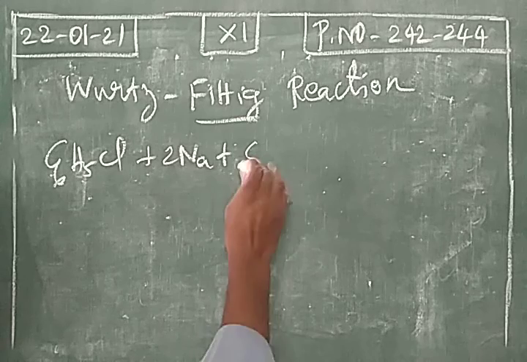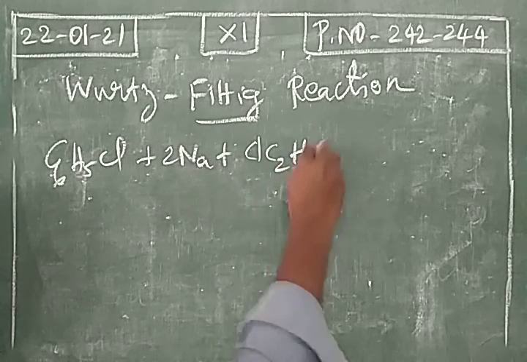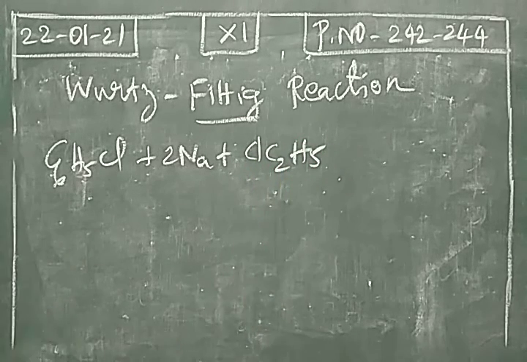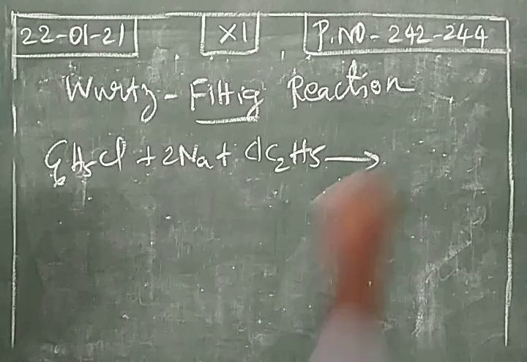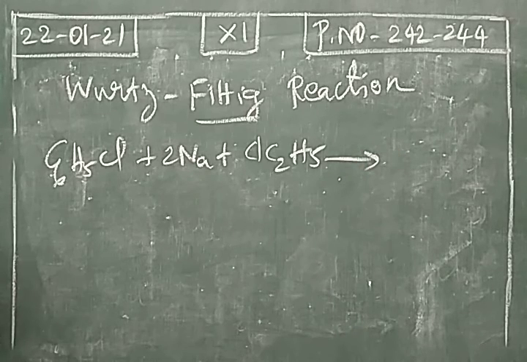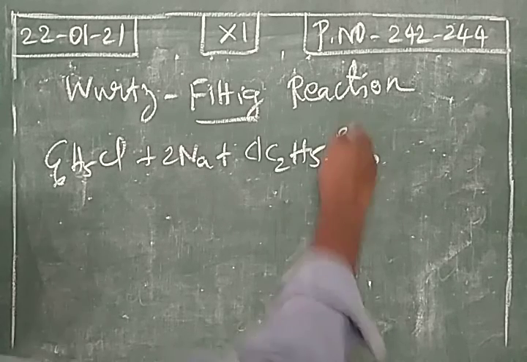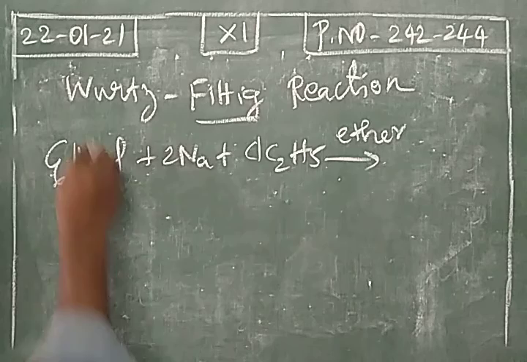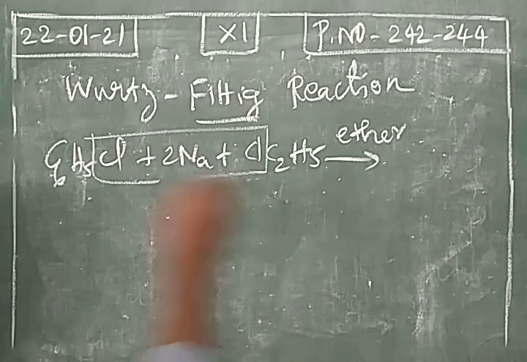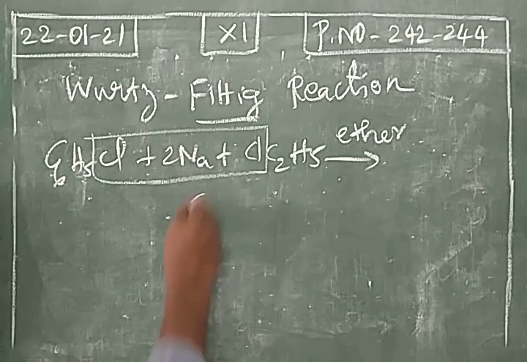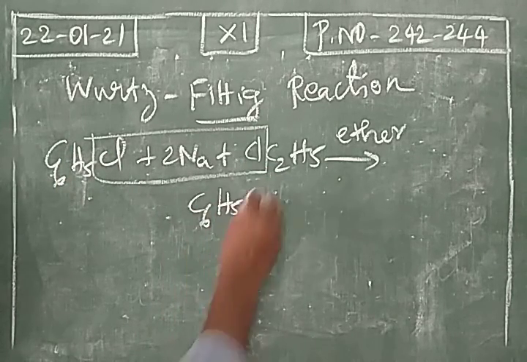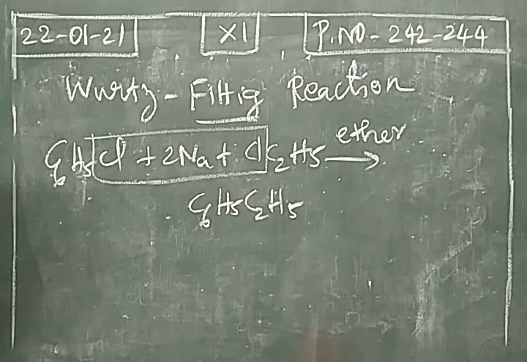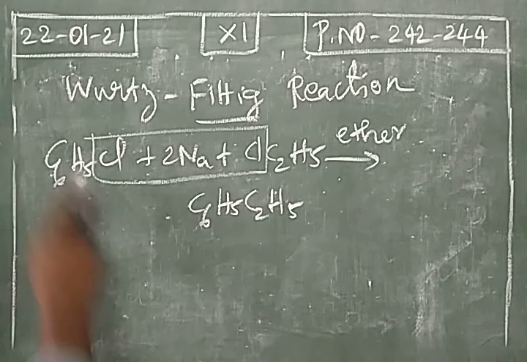You can take ethyl chloride also. An alkyl halide and aryl halide will react with sodium metal in ether solution. Sodium chloride is liberated. We will get ethyl benzene, C6H5C2H5. Ethyl benzene is formed. This is called a Wurtz-Fittig reaction.